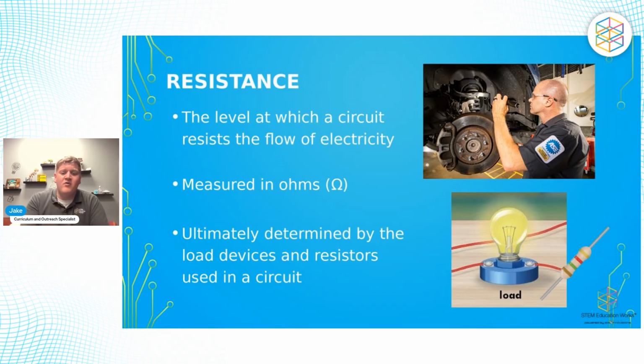We'll talk a little bit more about resistors later on, but really at the end of the day, if there's any device in your circuit that is harvesting energy from your battery, it's going to have some kind of internal resistance that is characteristic of that circuit component.